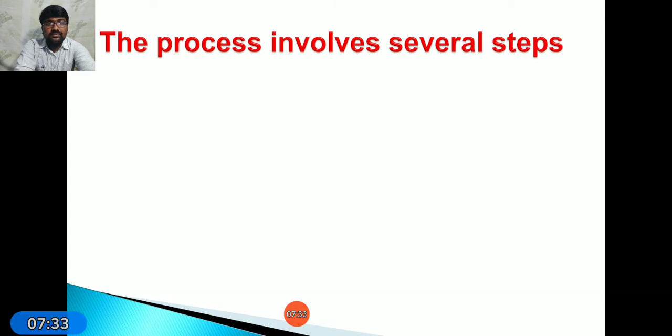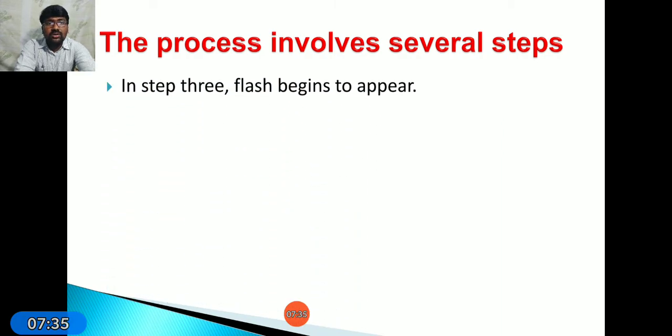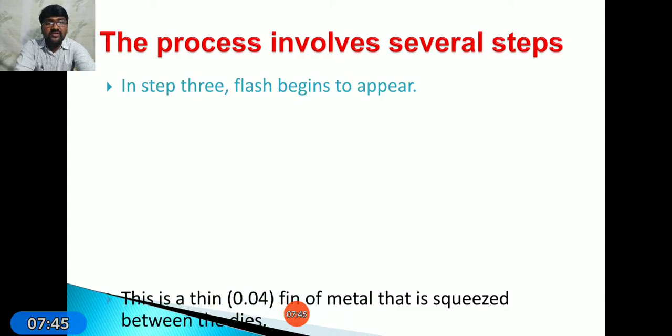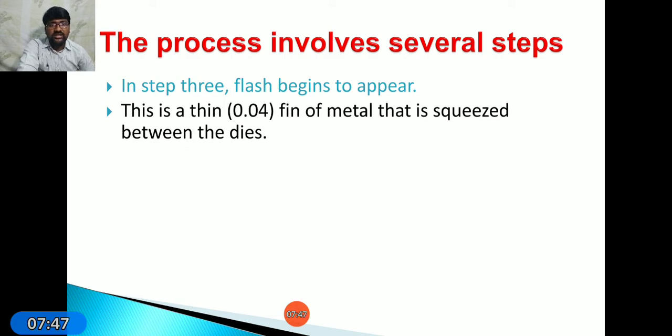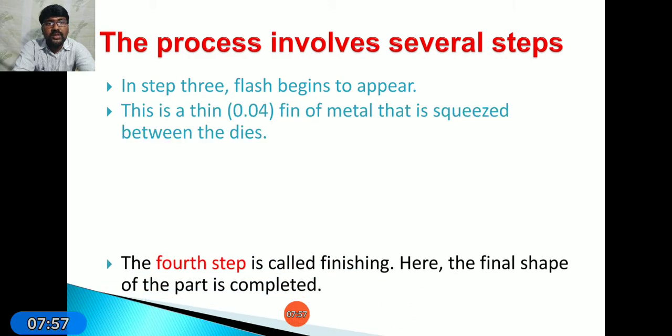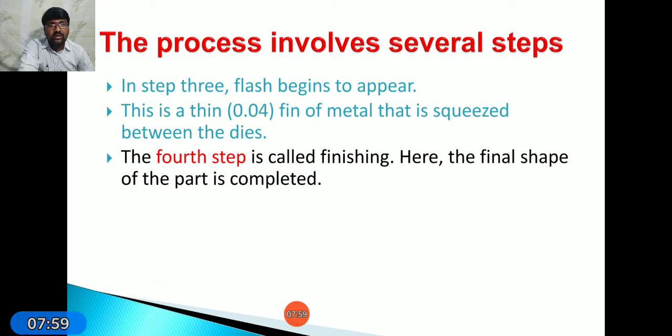Next, in step 3, the flash begins to appear after filling of the die with the work material. After that comes flash formation. This is a thin fin of metal that is squeezed between the dies, of very small thickness, about 0.04 mm.